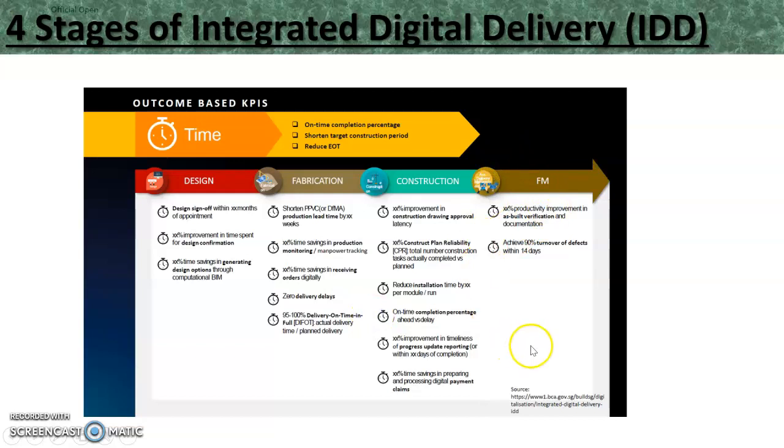And the facility management team could say that they aspire to have percentage productivity improvement in as-built verification and documentation, achieve, for example, 90% turnover of defects within 14 days. So these are some of the things that the different teams can do in the different phases to achieve the overall KPI of time savings.